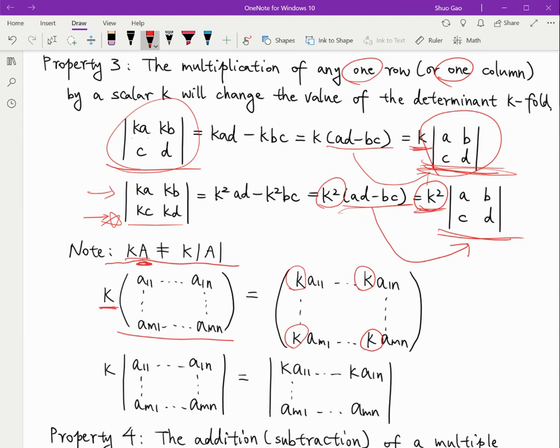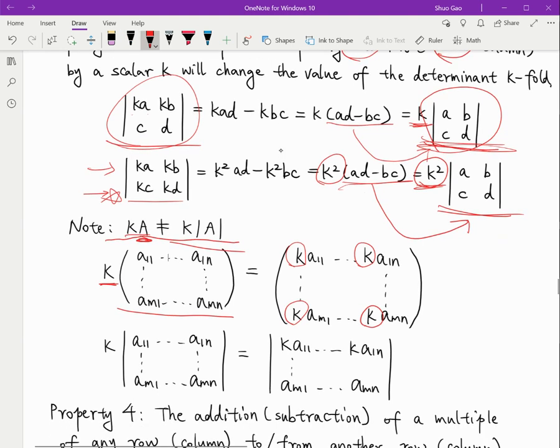This is a multiplication of a scalar and a matrix. But the second one, K times the determinant of A, is totally different from multiplication of a matrix, because in the second case you multiply K, the scalar, with the determinant of a matrix.